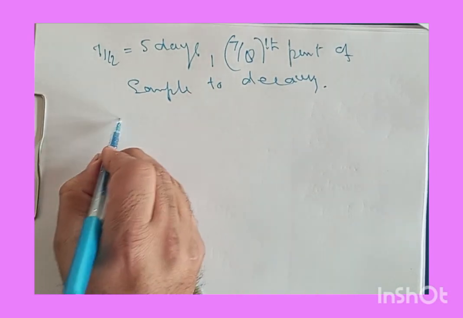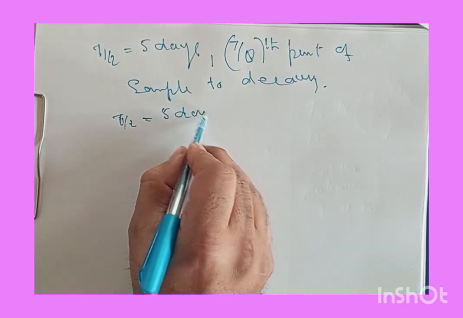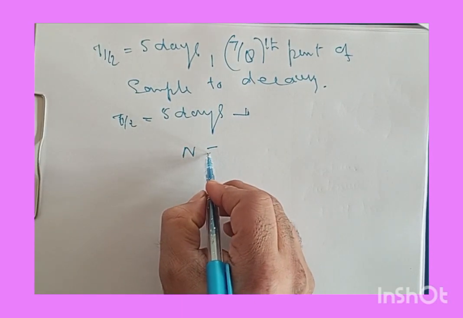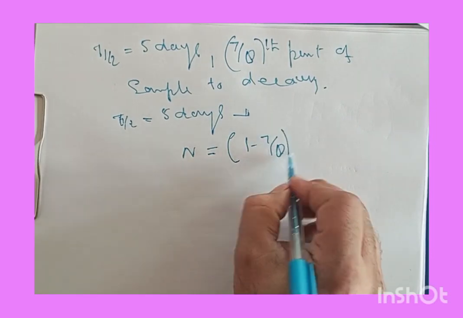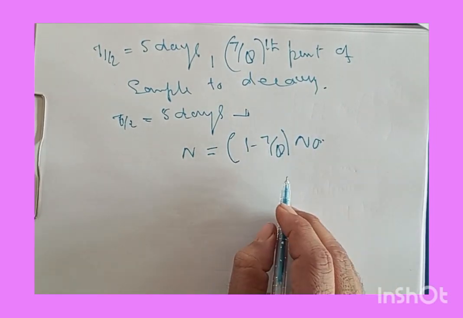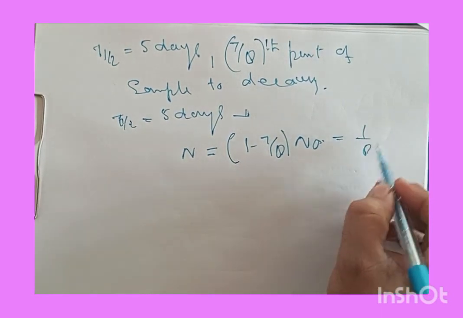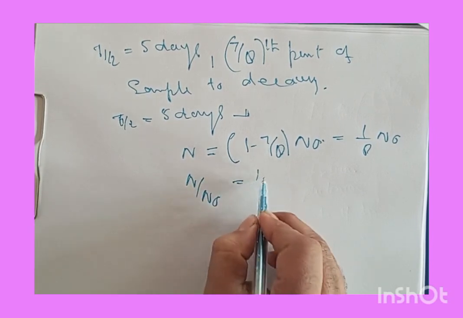So for this, t half is 5 days. That's clear. Then I can have N, and that N will be 1 minus 7 by 8 of N naught. So this will give me 1 by 8 N naught. So I'm able to get N by N naught equal to 1 by 8.